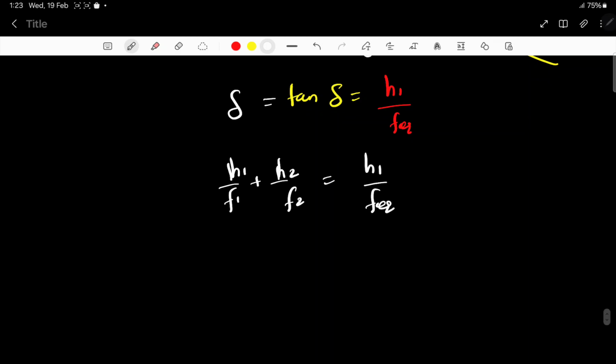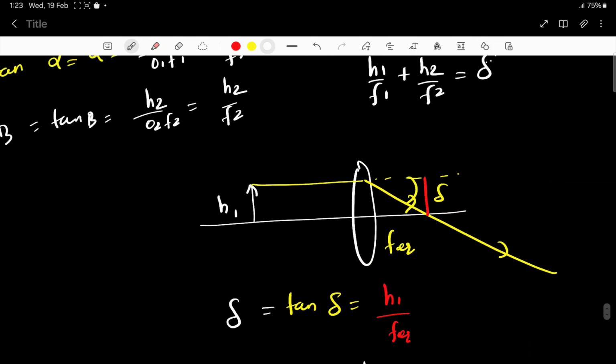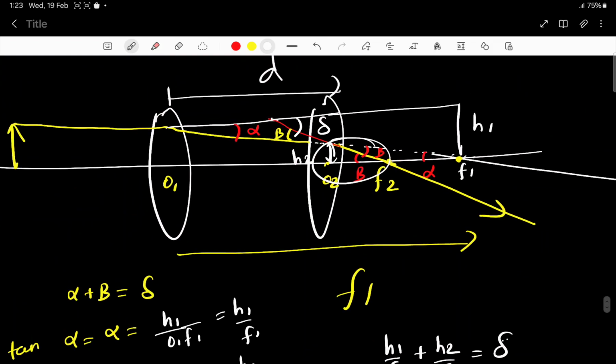I got an expression like this, but I know a relationship. If you consider this triangle, we call this point P, and this point R. So this height PO1 is equal to H1, and similarly this height RO2 is equal to H2.